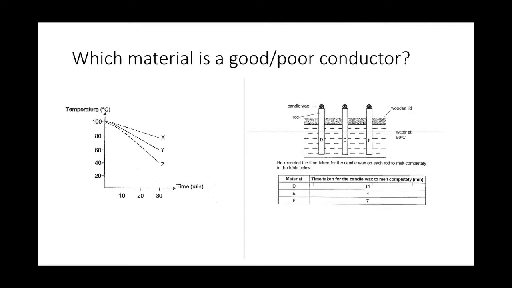Now let's look at two common ways they'll ask whether a material is a good or poor conductor. Let's look at the graph on the left side. You realize that for X, Y, and Z, but for X, in 30 minutes, the temperature decreased the least. That means the temperature dropped the least.